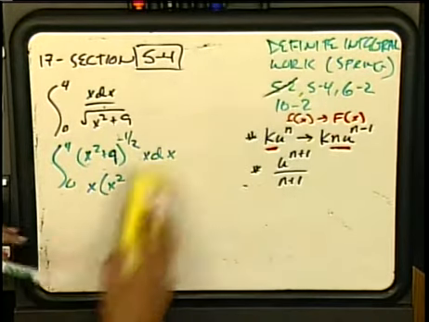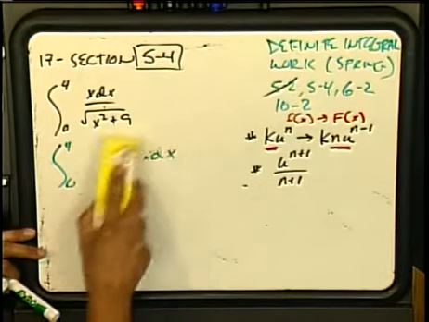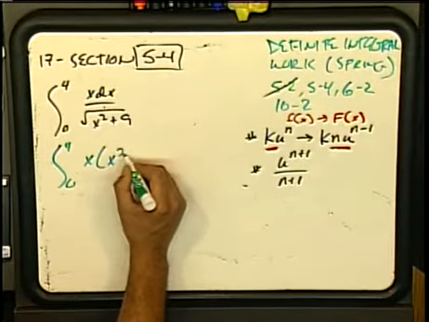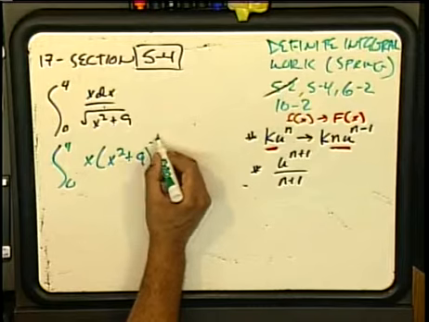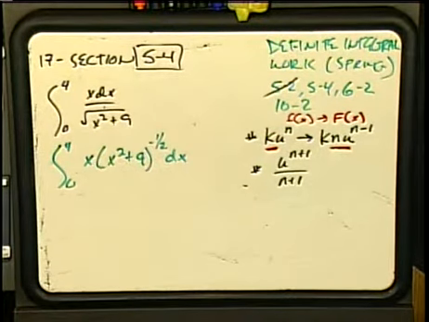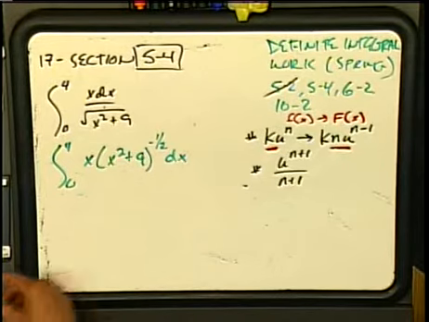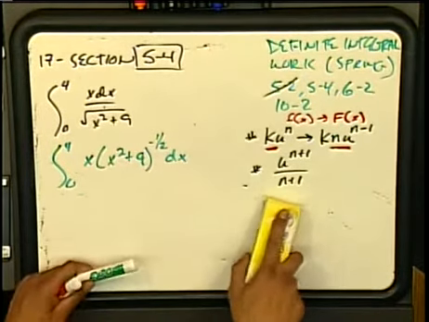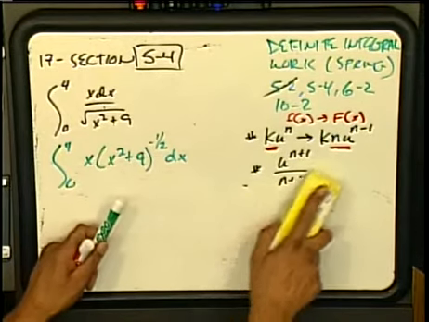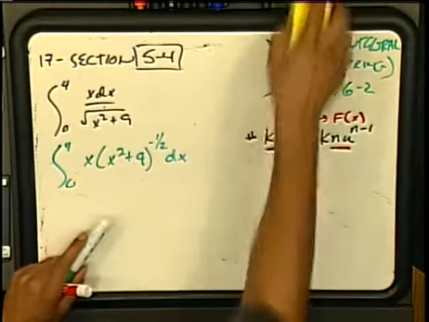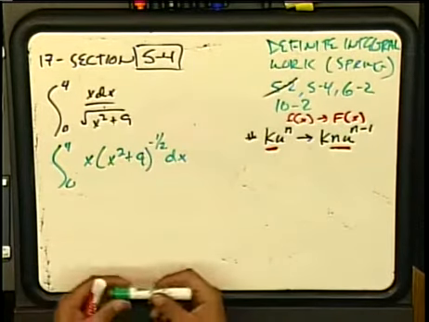We're used to seeing the x on the other side. This u^(n+1) over n+1 doesn't apply for this one. For these exponent ones, you have to find k.